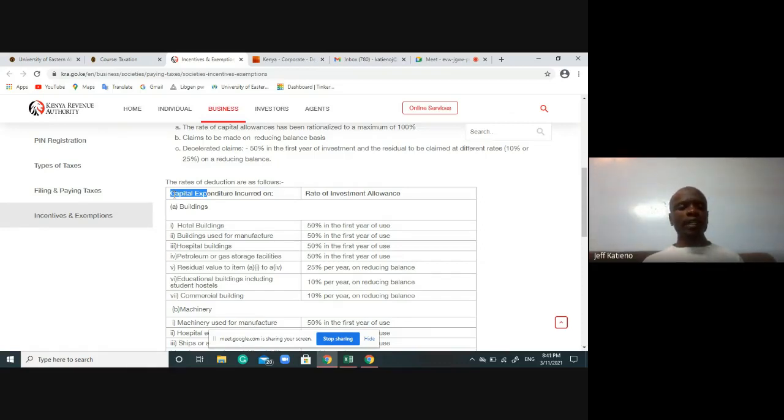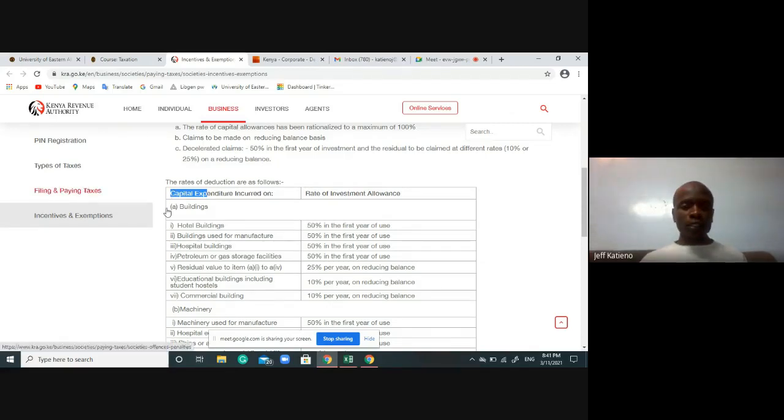Revenue expenditures are expenditures that are chargeable on the income tax, like maybe salaries, stationery, rent. But capital expenditures are expenditures mainly that go towards purchase of assets, long-term assets which have future economic benefits.